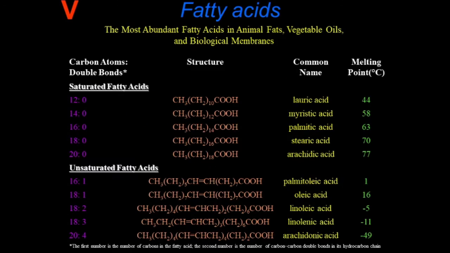We can check this, for example, with fatty acids of 18 carbons. Saturated, melting point 70, unsaturated with one double bond, oleic acid, 16, with two double bonds, linoleic acid, -5, with three, -11.